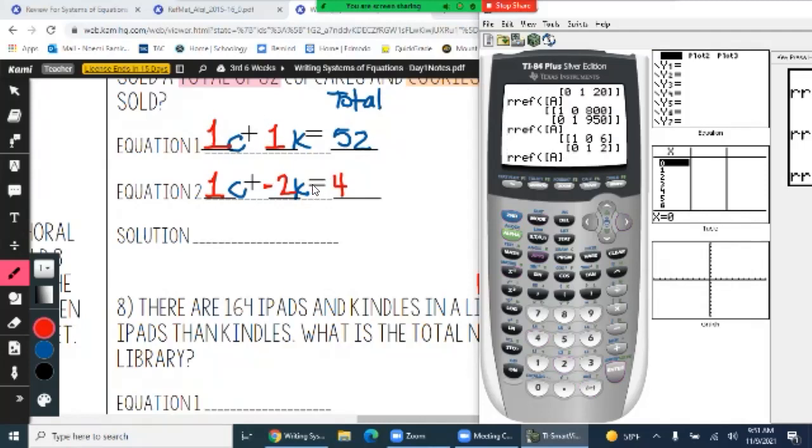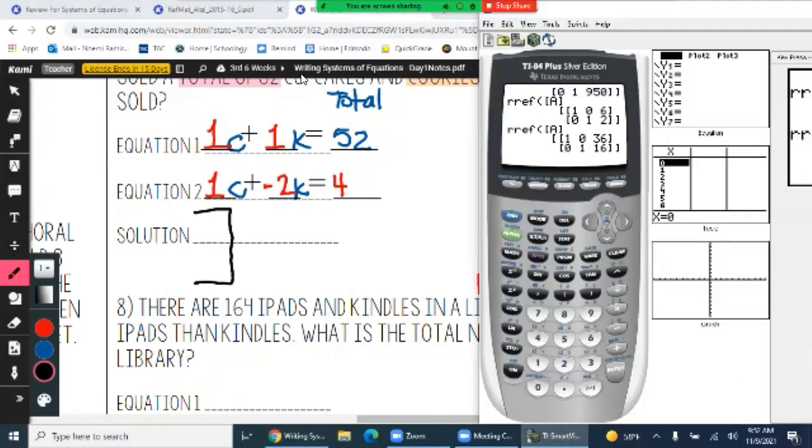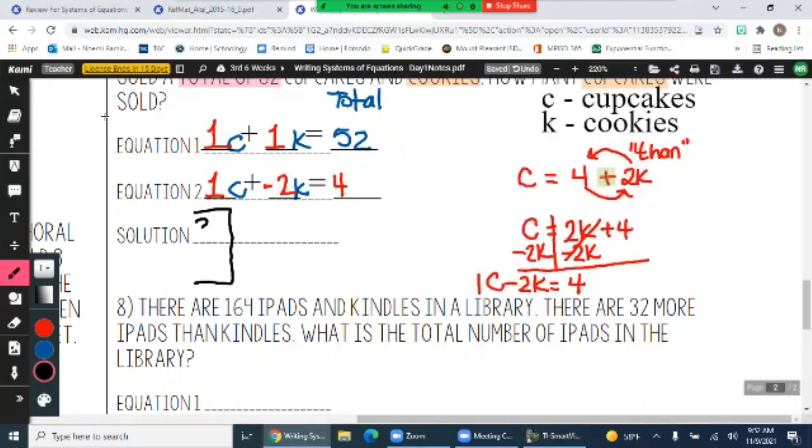And the numbers that were given from the matrix are 36 and 16. These numbers are given to you in the order that your variables have been placed in. So C for cupcakes and K for cookies.